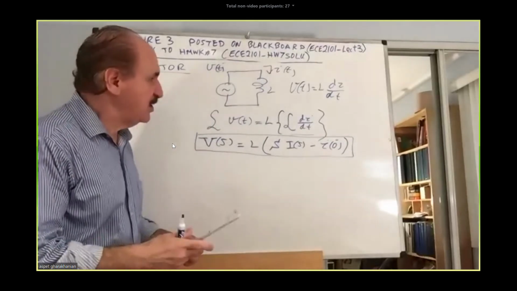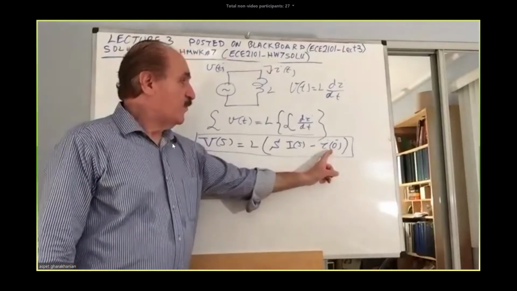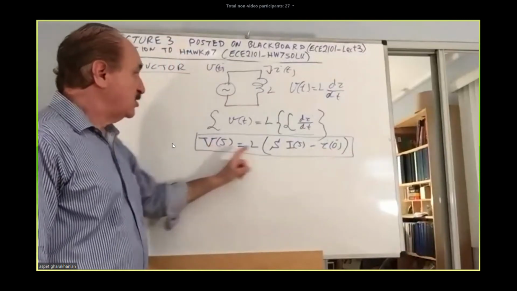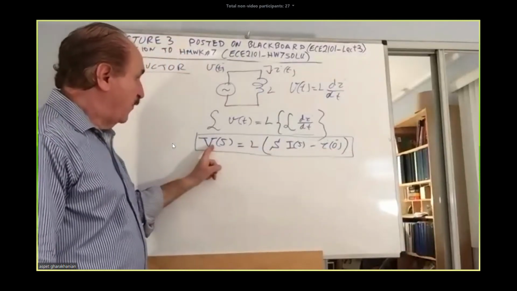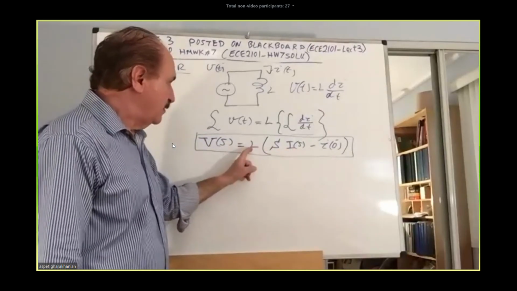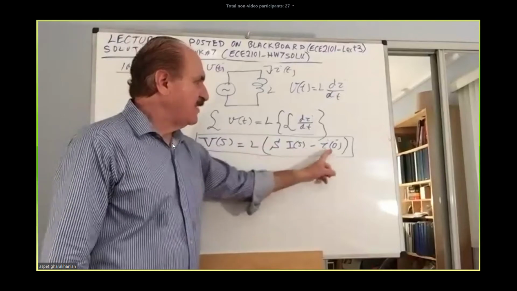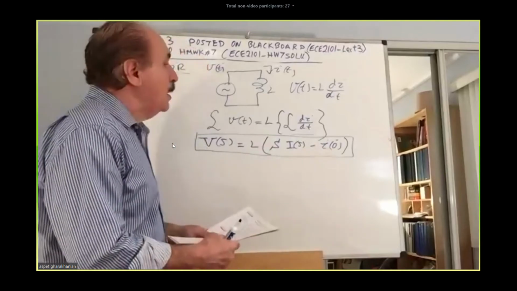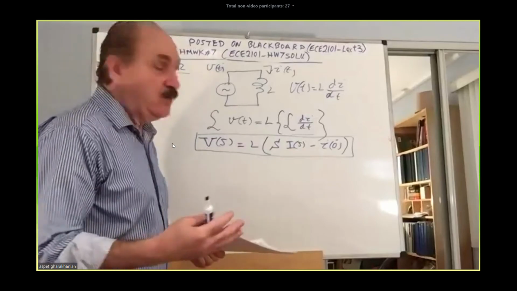Yes, if you have an initial current in the inductor, this would be the relationship defining voltage in terms of the Laplace of the current. You have L, you put the complex s, and you have a number here, which is the initial current. Now, what if the initial current was 0?